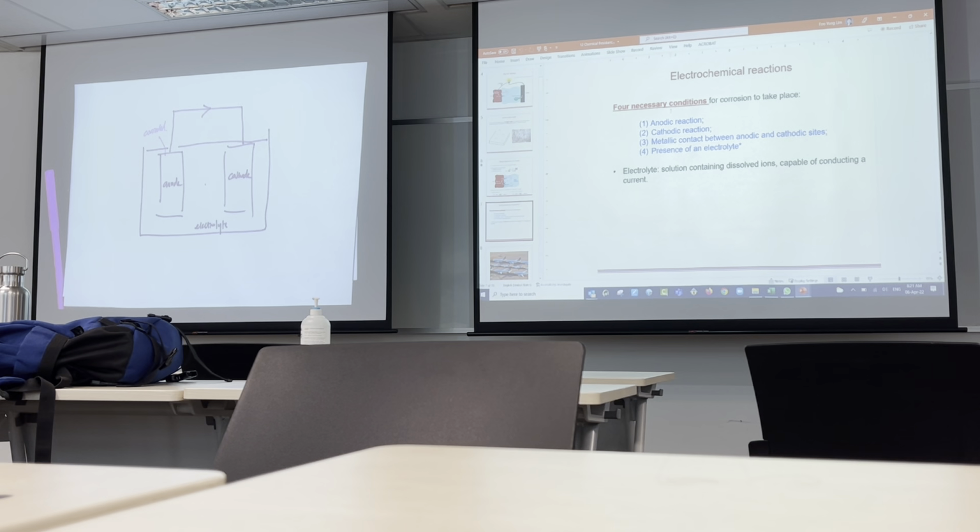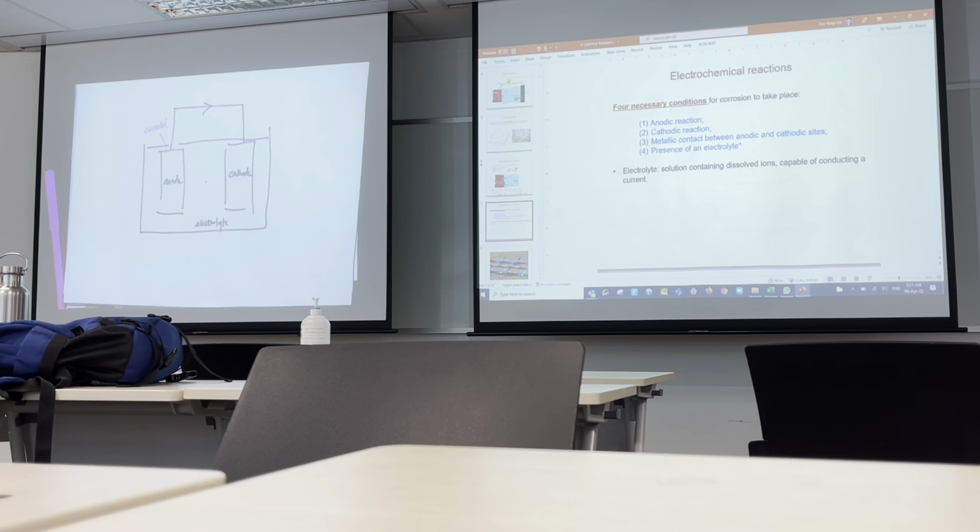They are just trying to take away one of these to make it less. If you take out the wire, it cannot corrode. The battery will stay there for many years. Open circuit, there's no current flow. You take out the anode, it cannot corrode.